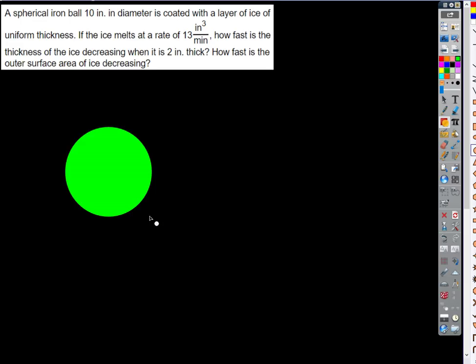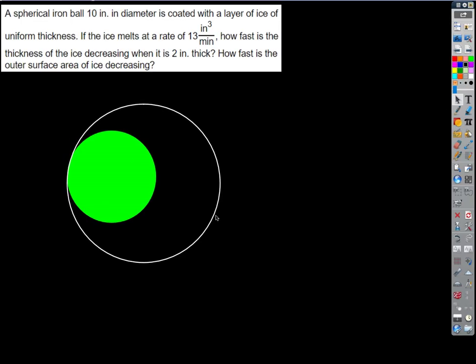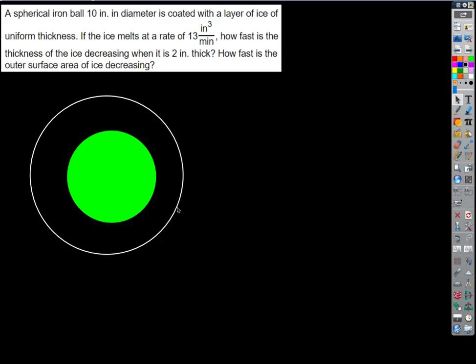It doesn't tell us how thick the ice is, though. Right? It's all right, we don't need to know. So something like that, right? There's the coating of ice on the outside.